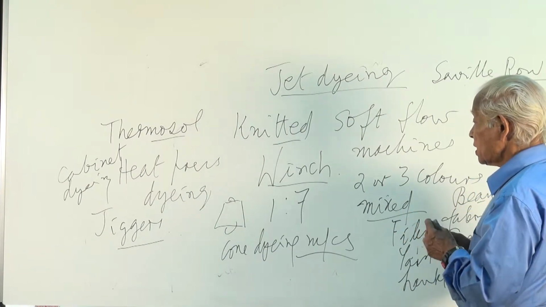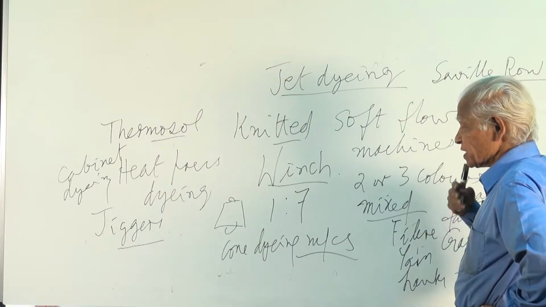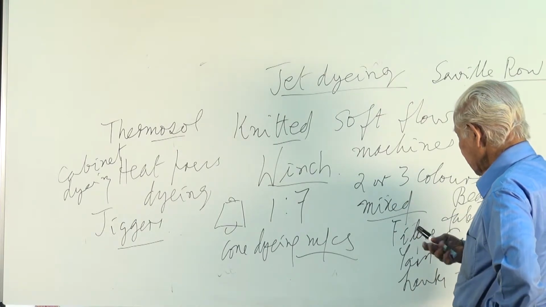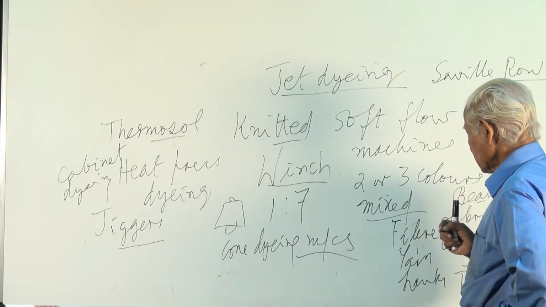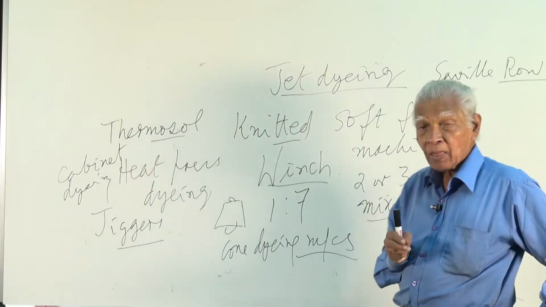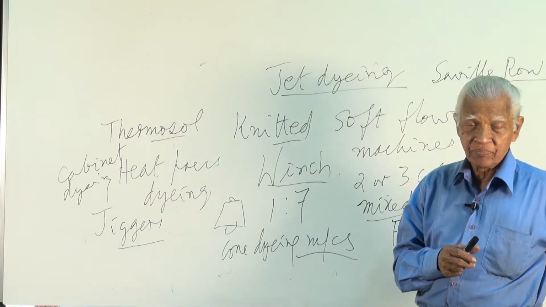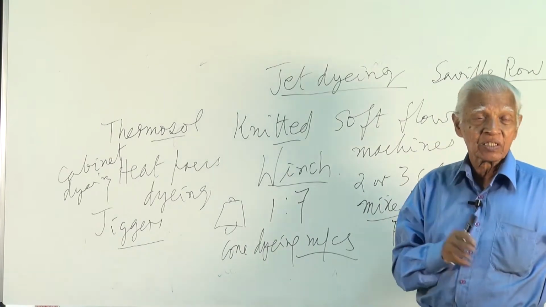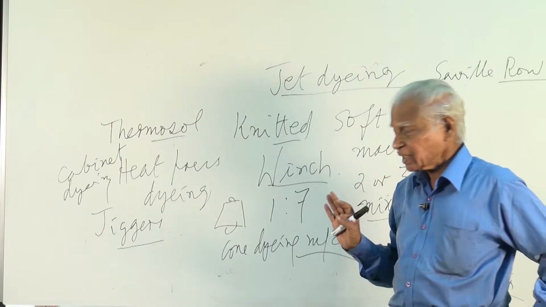And one can easily find out also whether the fabric is piece dyed or whether the yarn that is used is dyed in that one, or the fiber that is used is dyed in that one, by making certain tests. And the type of dye that is used also can be easily identified. For example, a direct dyed fabric, when it is heated with 5% caustic soda solution, will result in removal of all the dye.